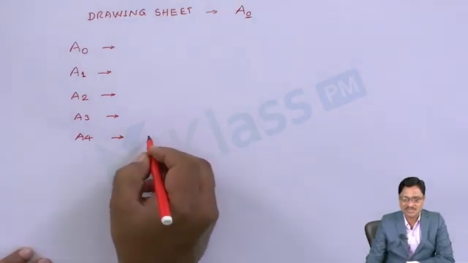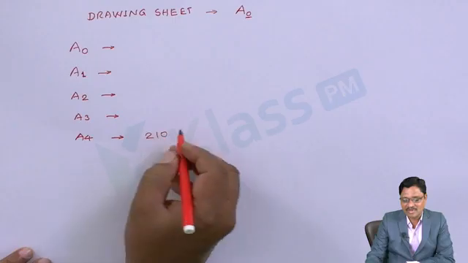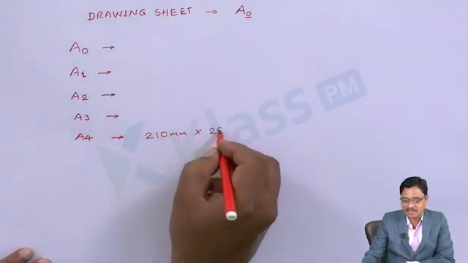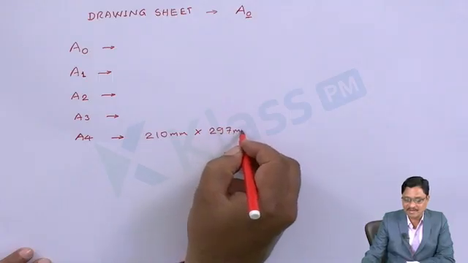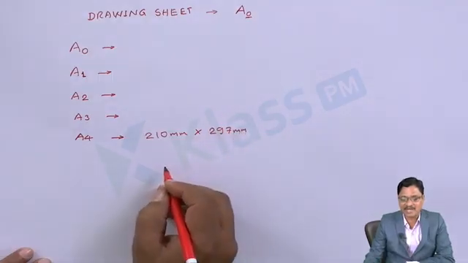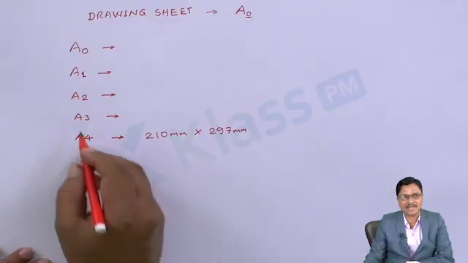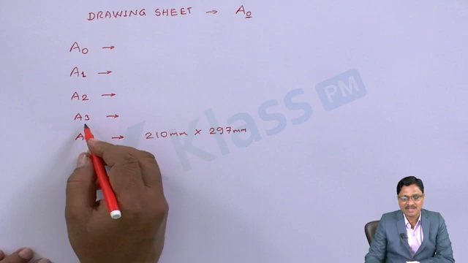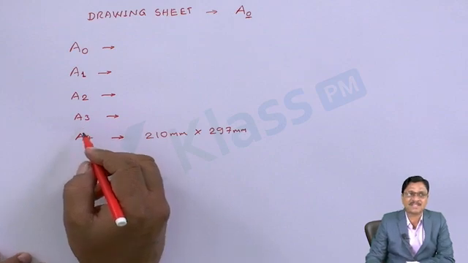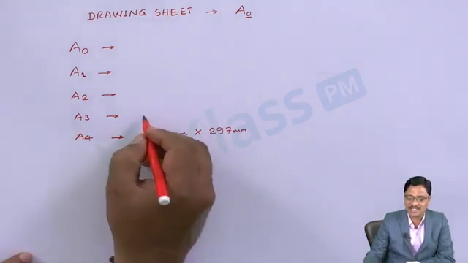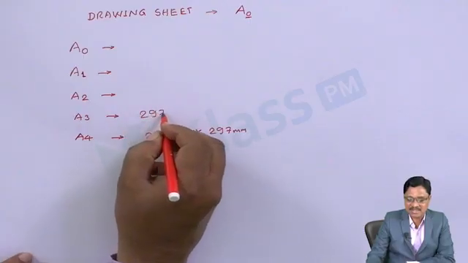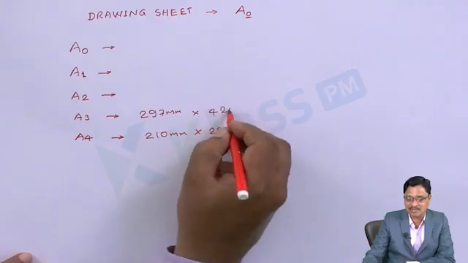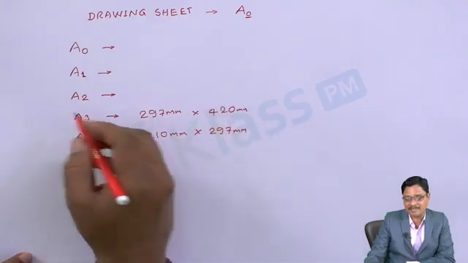Generally the size of A4 is 210 mm by 297 mm. Thereafter A3 is the same: A represents the sheet specification and the 3 stands for a specified size, which is 297 mm by 420 mm.